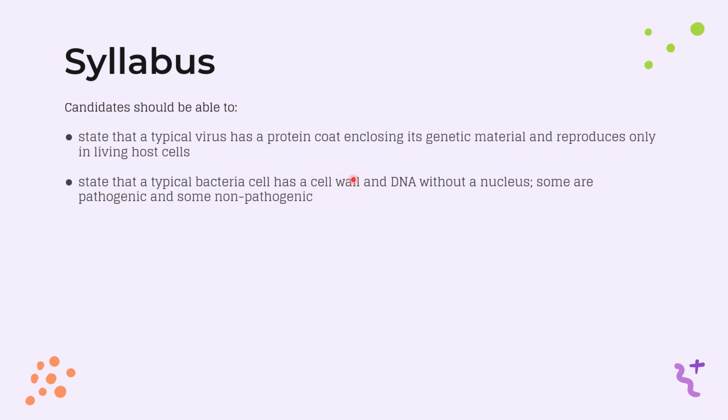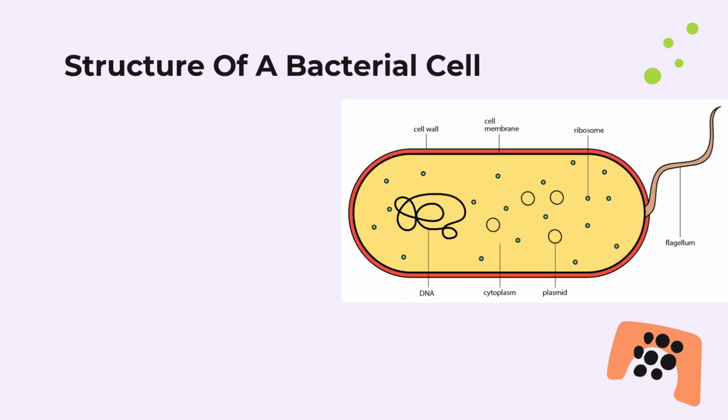This cell wall is unique. It's not a plant cell wall. And the bacteria also has DNA, but they do not have a nucleus. Some bacteria are harmful, which we term pathogenic, and some bacteria are just not harmful to us. Okay, so non-pathogenic.